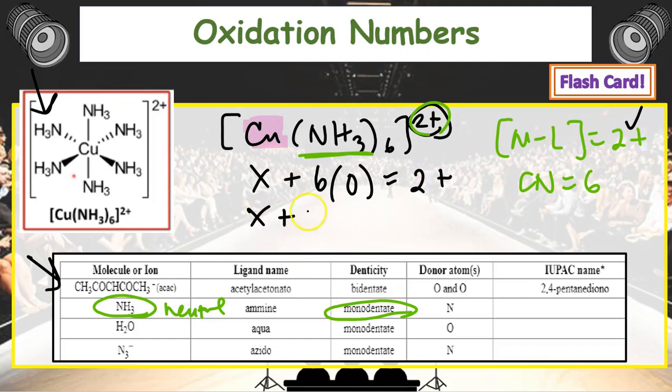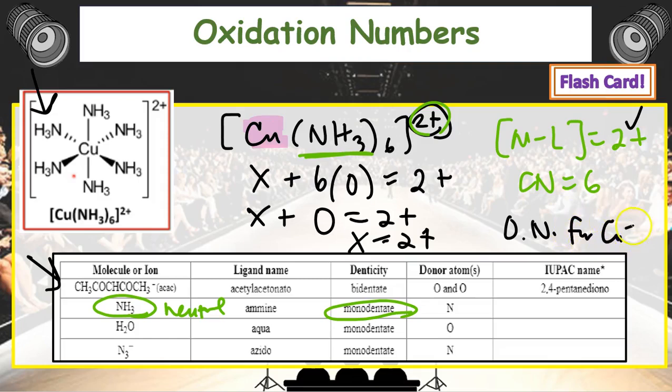So we have X plus 6 times 0, which is 0, is equal to 2 plus. Therefore, our X is also equal to 2 plus. What does this mean? It means our oxidation number for our copper is equal to 2 plus, okay? So that's how we'll go about getting the oxidation numbers.